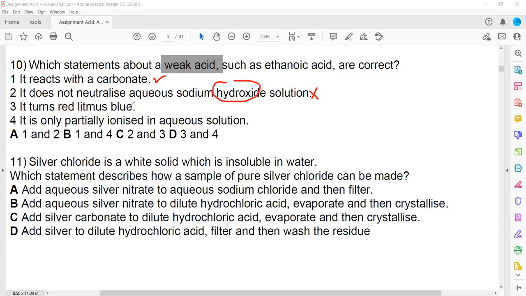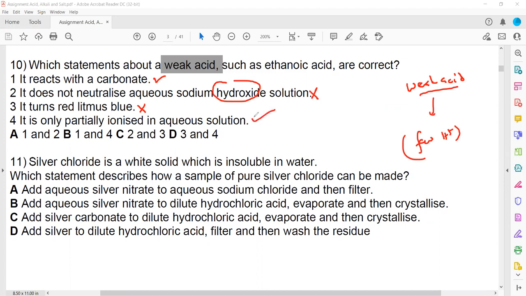Acid turns red litmus blue, that's wrong. It is the acid that turns blue litmus red, but here it is written red litmus blue. That's why 3 is also wrong. And it is only partially ionized. What is the meaning of partially ionized? It gives fewer ions, and that is true, because that is the definition of a weak acid. Weak acids give few hydrogen ions in the solution.